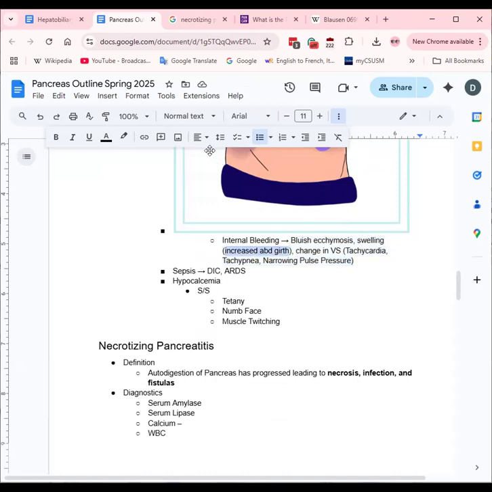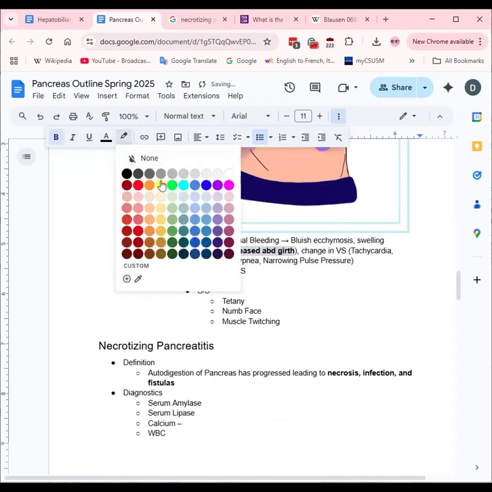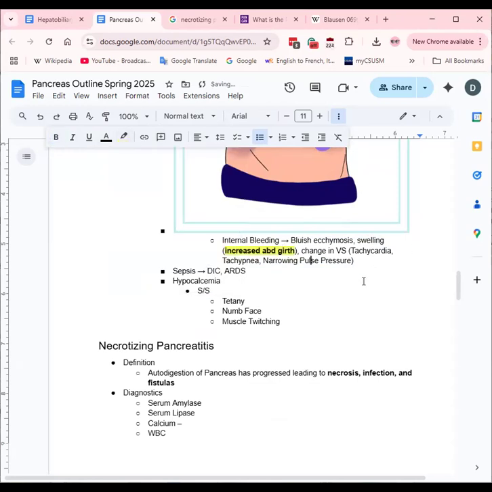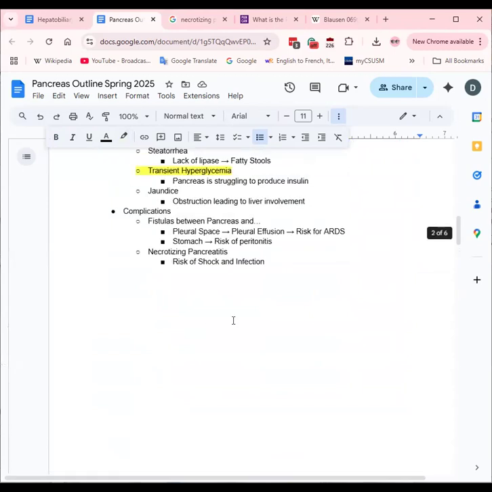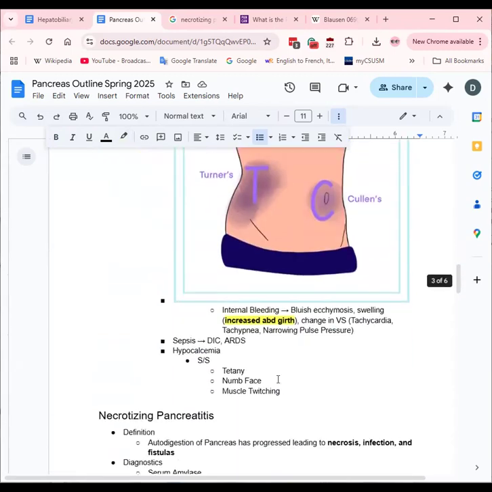Don't forget that. That could be a sign of internal bleeding. Keep that in mind. Changes in vital signs that we can agree align with shock. And then back to infection again, because if it's making all the way through, we have that risk of peritonitis, and that can lead to sepsis, and sepsis can lead to DIC and ARDS. So again, it all goes back to infection and respiratory distress syndrome.